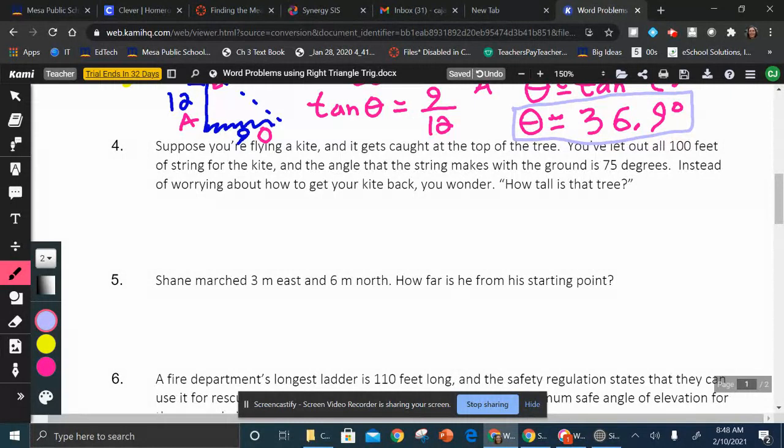Okay, suppose you're flying a kite, everybody. So we're flying a kite, and it gets caught in the top of a tree. Tree, kite's up here.